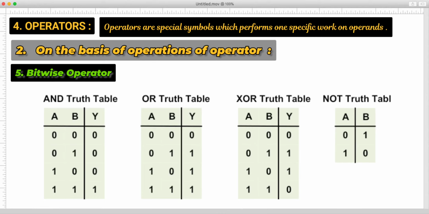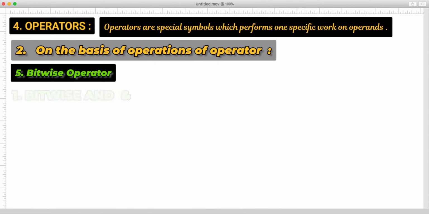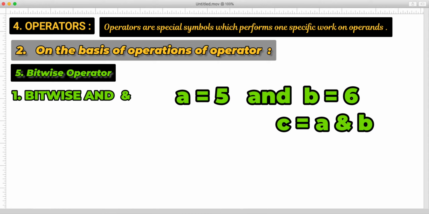Now let us implement the bitwise operators one by one, starting with the bitwise AND operator, whose sign is ampersand, &. Suppose we make a variable a equal to 5 and b equal to 6. Now we initialize another variable c equal to a & b, that is the bitwise AND operator.